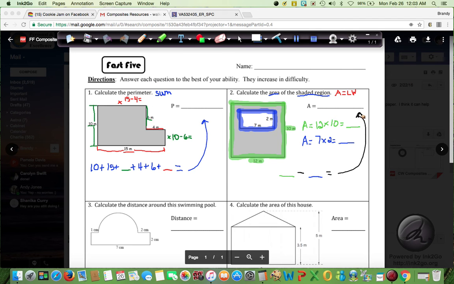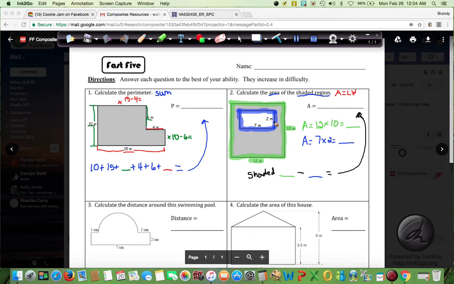Okay, that's this answer right up here. So this is going to be the shaded area. This is how you find the shaded area: you have to subtract the two. You're not adding it, right? If we were looking at number 1 and wanted to do area, we would find the area of this big rectangle and the little rectangle and we would add them together.